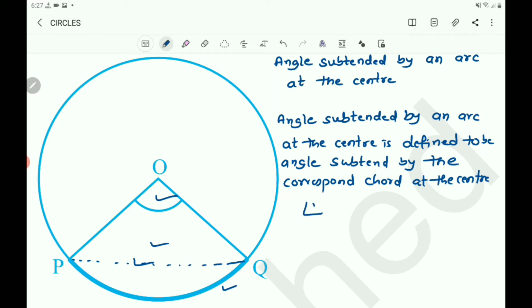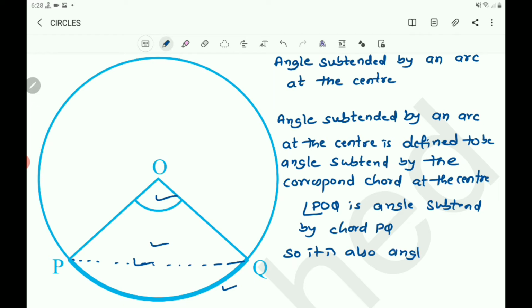So you can say that angle POQ is the angle subtended by chord PQ, and it is also the angle subtended by the arc PQ, by an arc PQ.